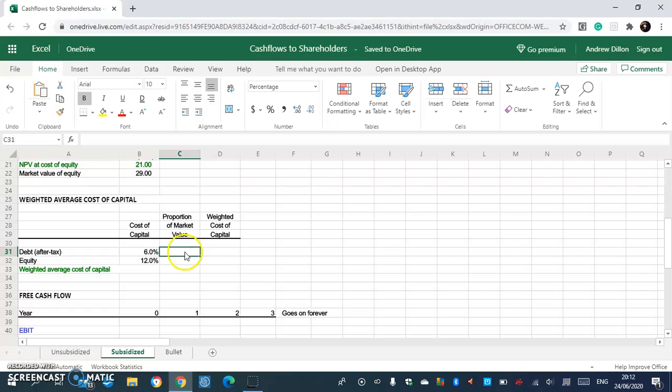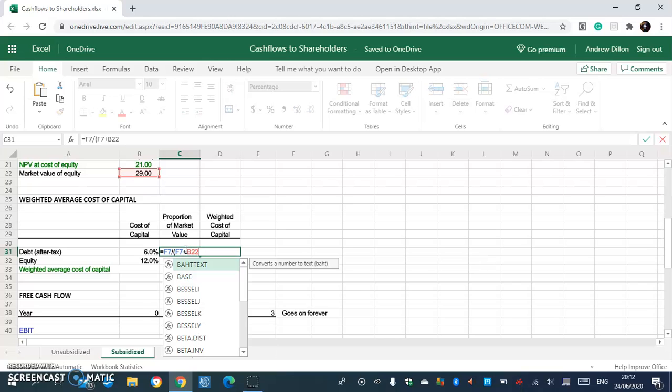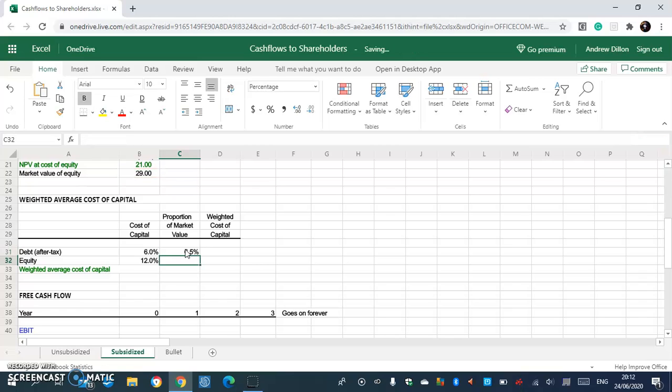Okay, now we're going to find the proportion of market value. It's correct. Now we'll find the difference compared to the first one. It's going to be a different function table.